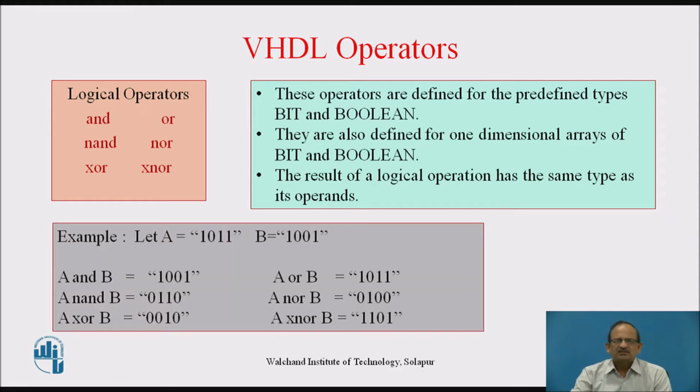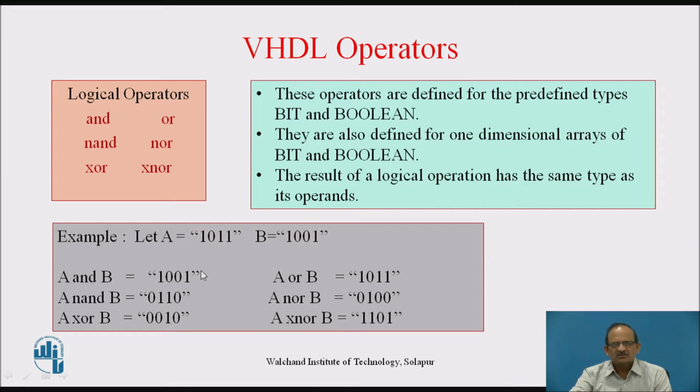Say for example, let A be a signal 1011 and B be 1001. If you say A AND B, you get a bitwise ANDing of these bits. So, 1 AND 1 is 1, 0 with 0 is 0, 1 with 0 is 0 and 1 with 1 is 1.